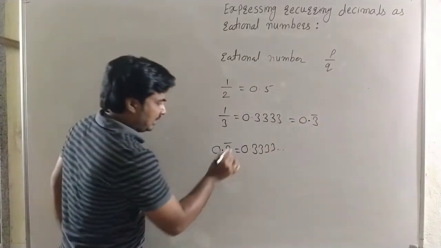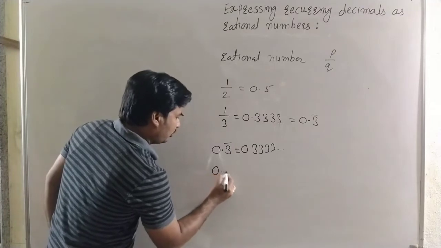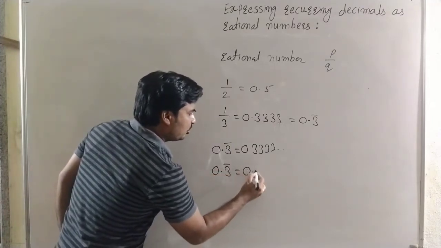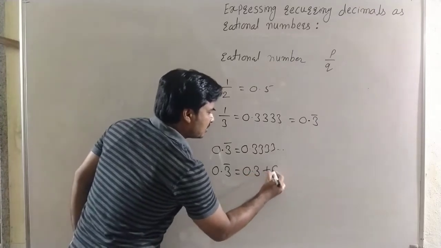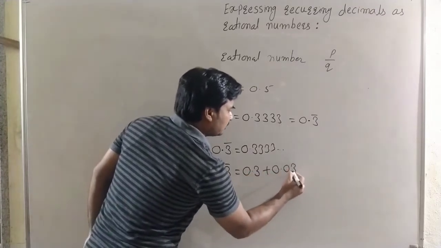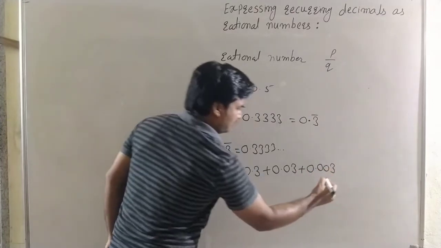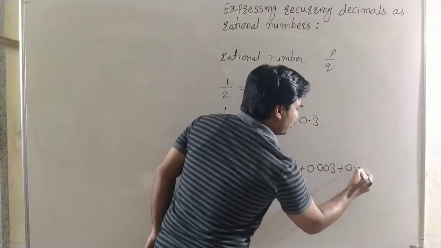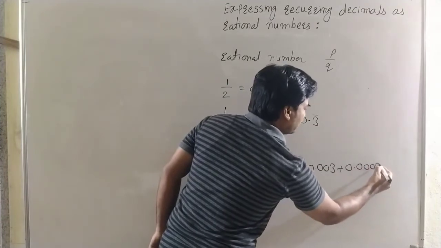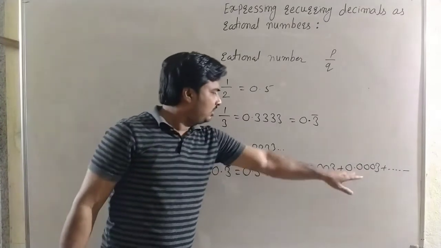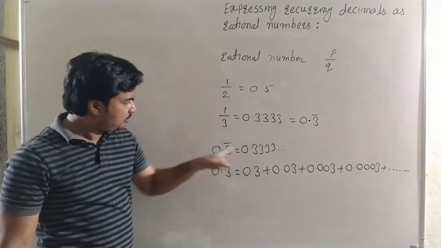This can be written as 0.3 plus 0.03 plus 0.003 plus 0.0003 plus and so on up to infinite terms. When we add all the terms we get this.